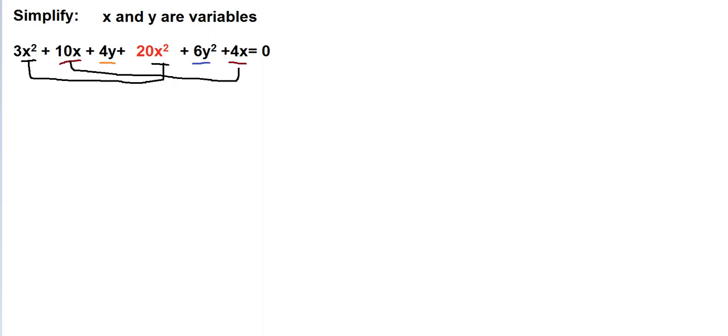So we combine 3x squared with 20x squared to get 23x squared. We then combine 10x and 4x to give us 14x. As for the last two, there's nothing we can do with 4y, and nothing we can do with 6y squared.